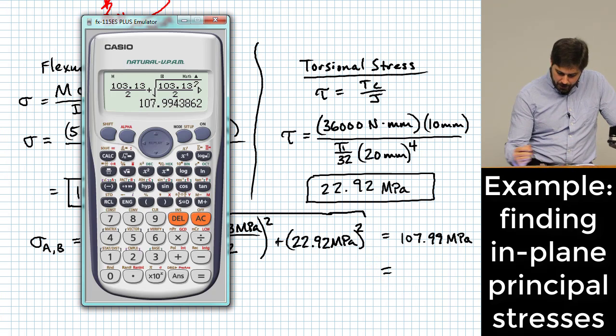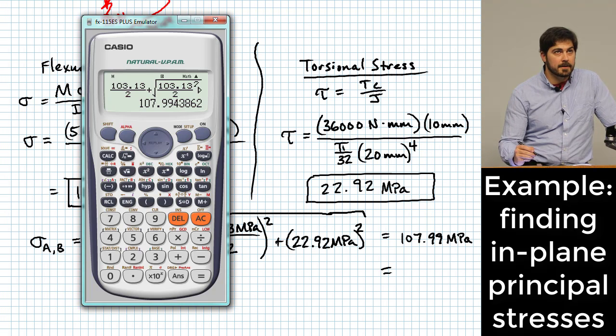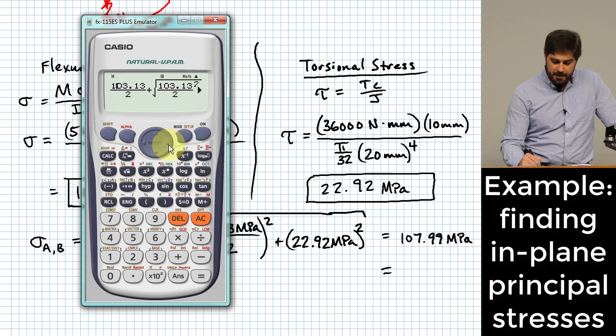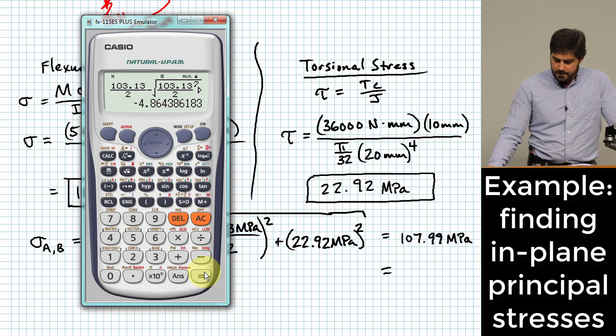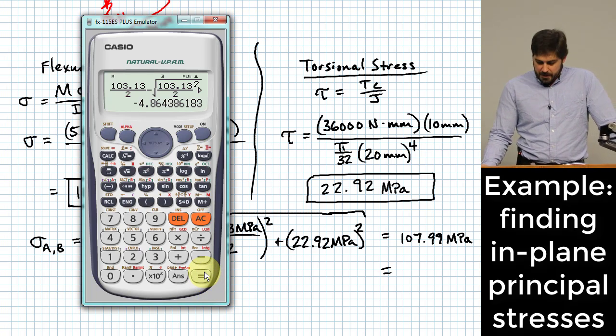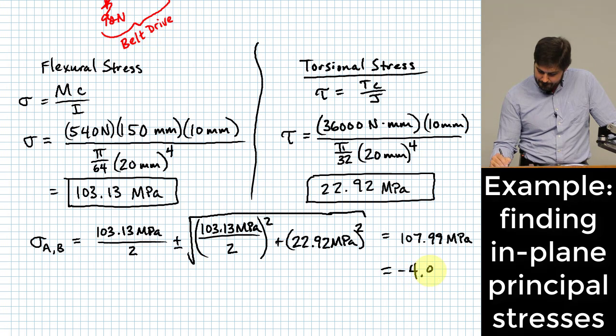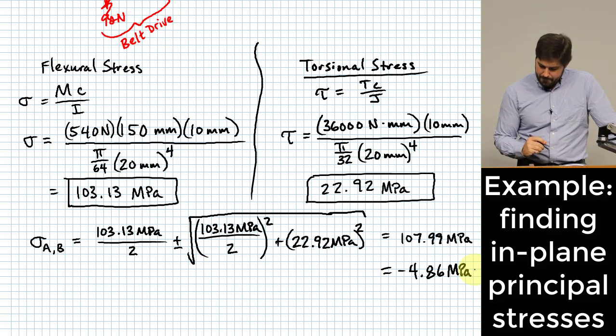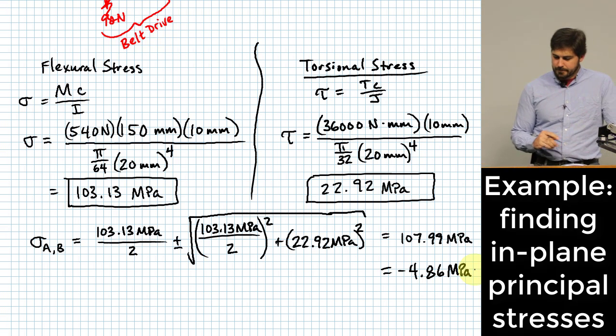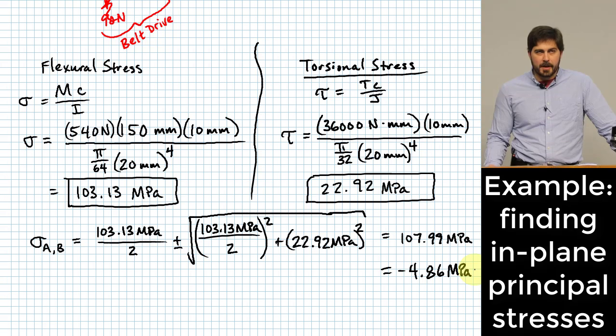And what's the other component? What do I have to change here? All right, and that gives me a negative 4.86 megapascals.